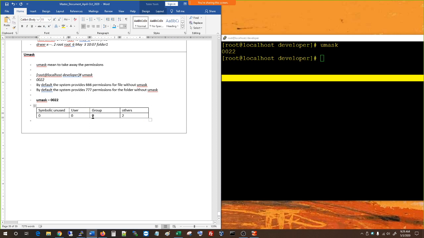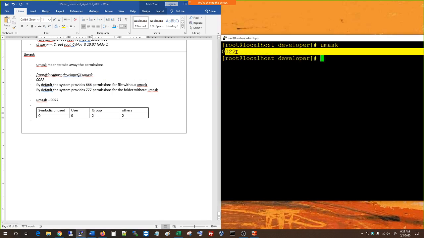When the system is giving the permission 666 in the case of a file, but the system default umask is 022, it's taking away the permissions. So umask takes away the permissions.